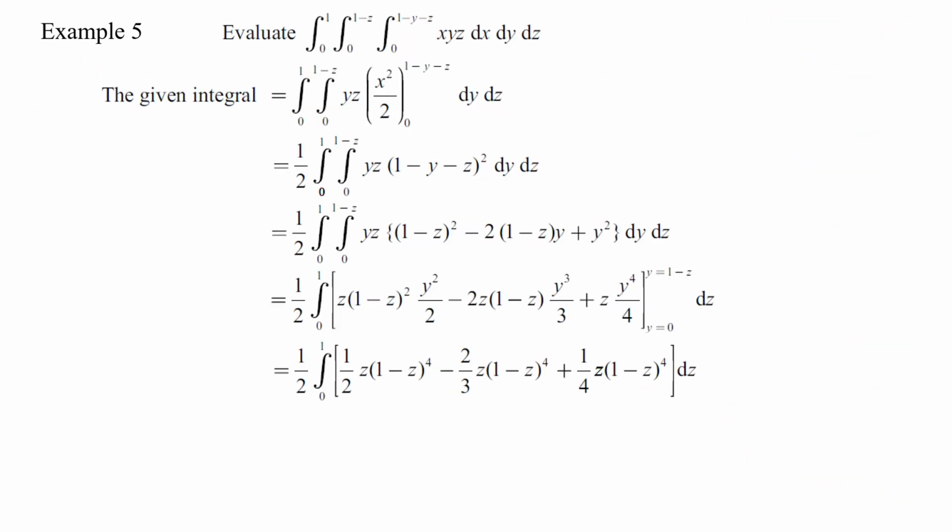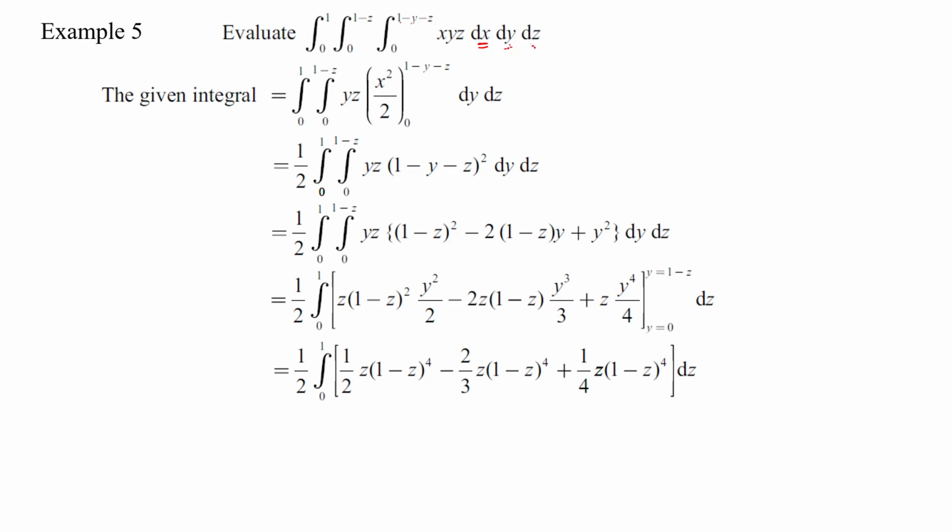Next problem is a triple integral: xyz dx dy dz. The inner integration is x. The limit should be in terms of either constants or in terms of y and z, the remaining two variables.